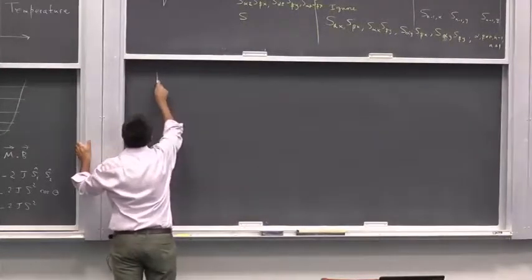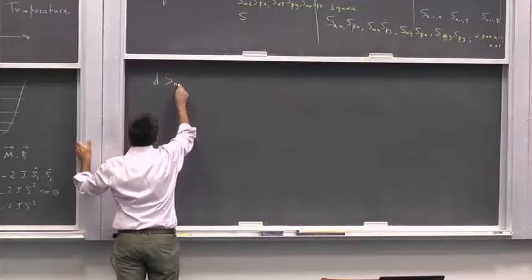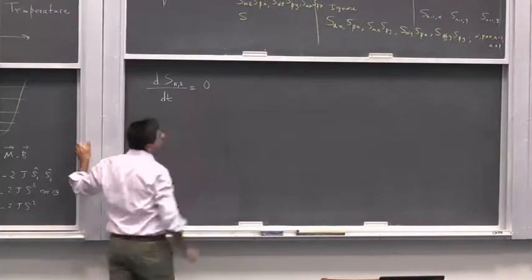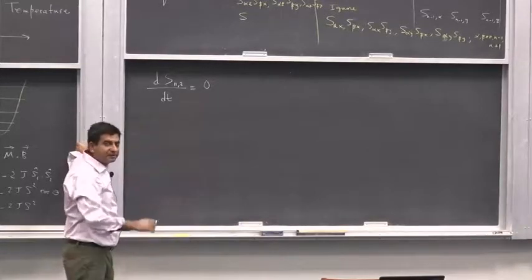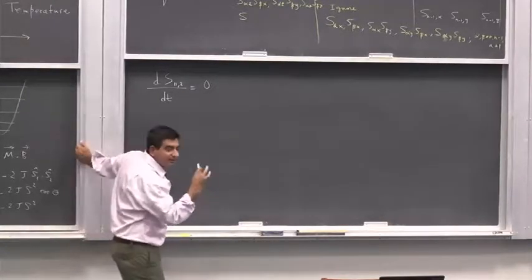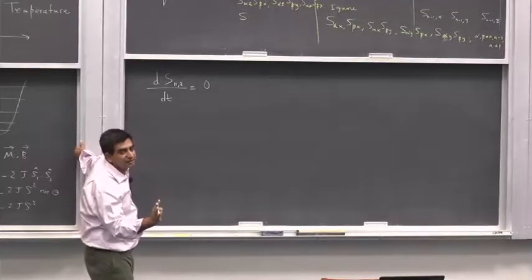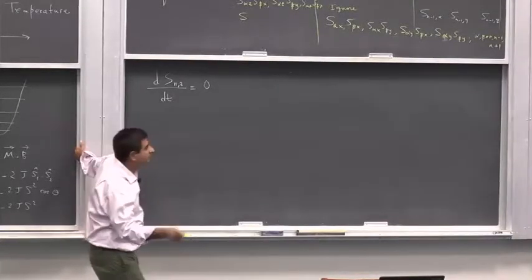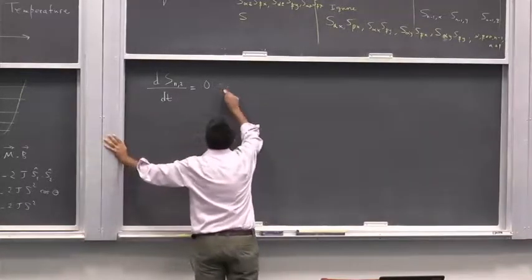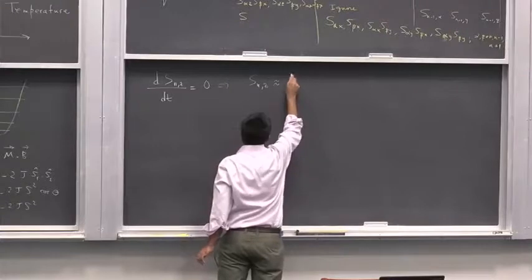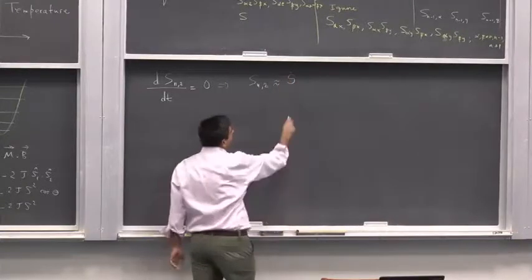One of these is that the derivative of Sn's z component with time is 0, which means that to first order, the z component of each spin remains unchanged. Snz to first order is unchanged.